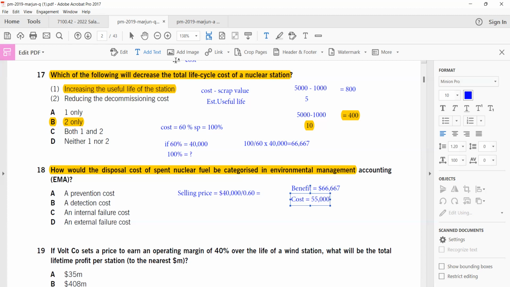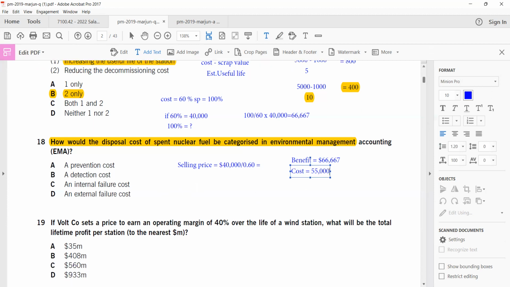Anytime you hear margin, selling price is 100%. So if the operating margin was 40%, then the cost was 60%. So you say the 60% is equal to the 40,000. Then the 100% will give us what? And that's what gives us 66,667. So since that is the overall benefit and there's a life cycle cost of 55,000, benefit minus cost, you get the profit.